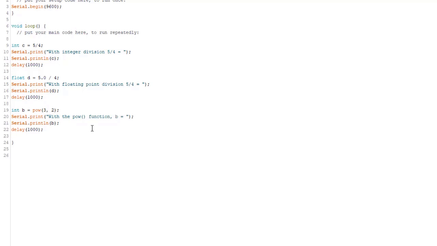Now, if you type something like this, this tries to set the variable c to b squared, and it fails big time.